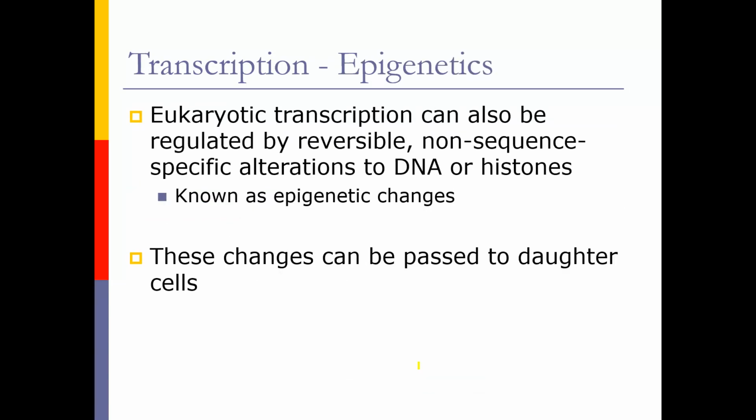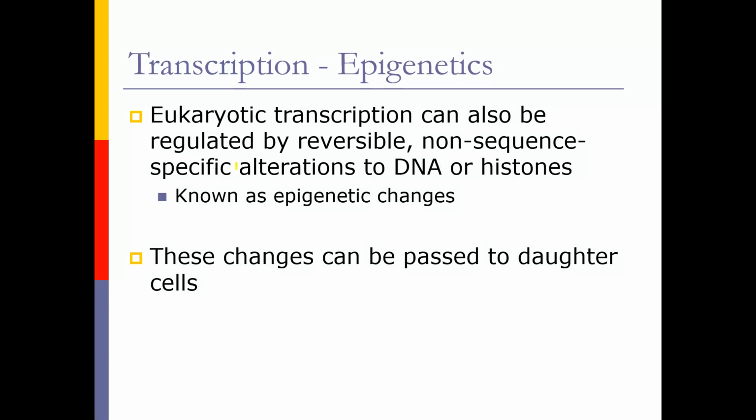And so these differences in transcription are often referred to as epigenetics. So we know that our DNA determines our traits, but there are other factors that can play a role in the expression of our traits. And this is what epigenetics is all about. Just because you have a gene doesn't necessarily mean you express it or express it properly. And so these kinds of changes that can occur, which can affect the expression of our genes, are known as epigenetic changes.